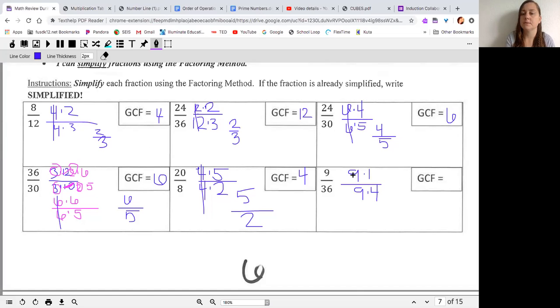Remember, the invisible 1, sometimes it's helpful. So these will cancel out and make that the greatest common factor. And the simplified version is 1 over 4. It's important that I include that 1 because if I don't, I may get confused and write 4 as my final answer. But 4 would be incorrect. 1/4 is the simplified fraction. And we are done with page 6.